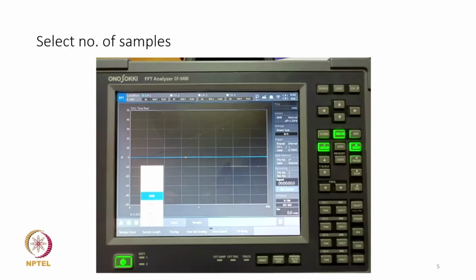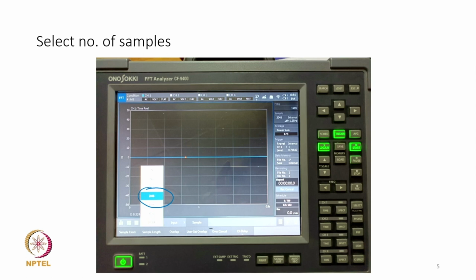So the first step we are going to do is select the number of samples. Depending upon the analyzer you use, there may be different options and settings. In the analyzer which I am using, we need to choose in the input section of the analyzer what is the sample length of the signal, and you can see from here, for example, the sample length is 2048.